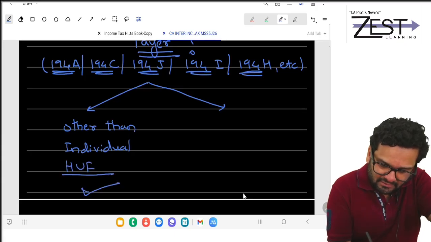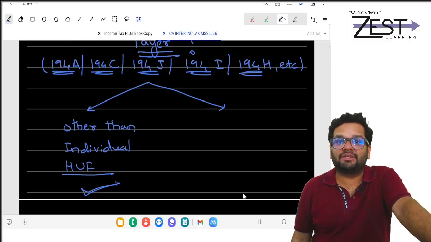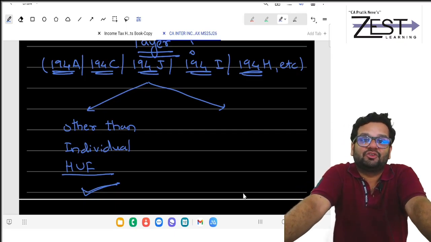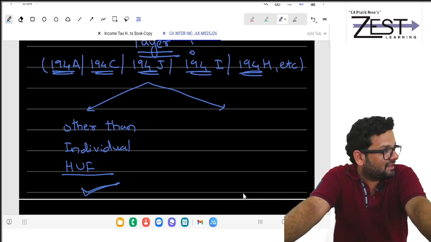Yes, he's a payer. So your firm, partnership firm, you are paying interest on loan. Should you do TDS? Yes. At what percent? 10, if it exceeds rupees 5,000.